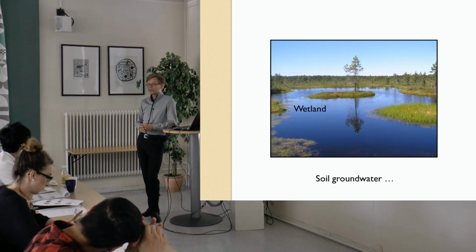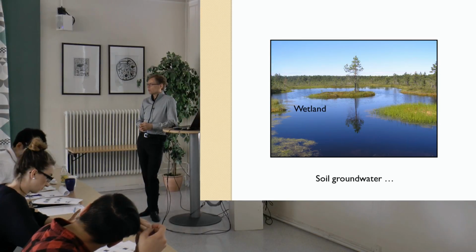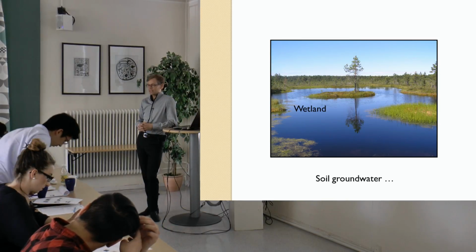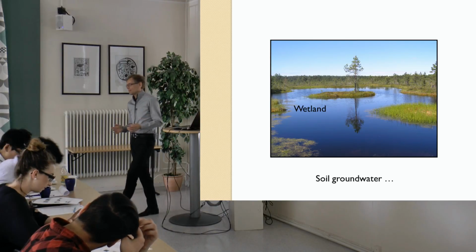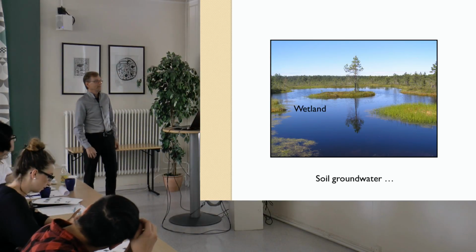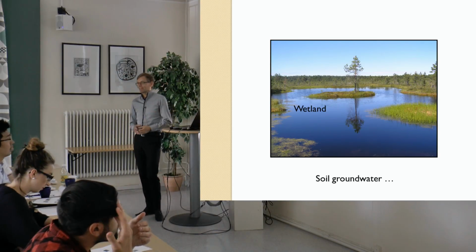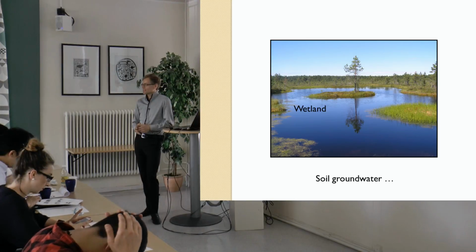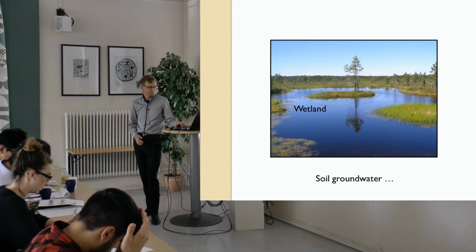And these are quite common here up in the north, partly because of the cold climate, lot of precipitation, little evapotranspiration. A lot of these have been drained, but still quite a few of them. And soil groundwater can also be classified as surface system, at least in the context we are in. We talk about deep systems.